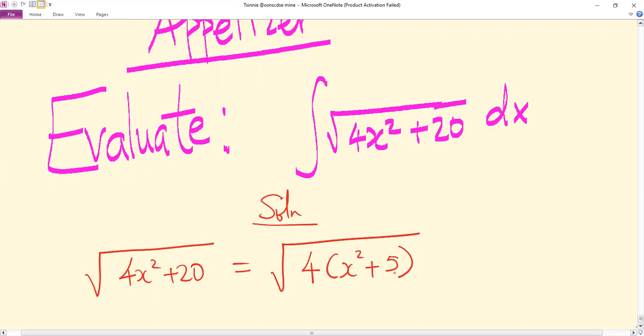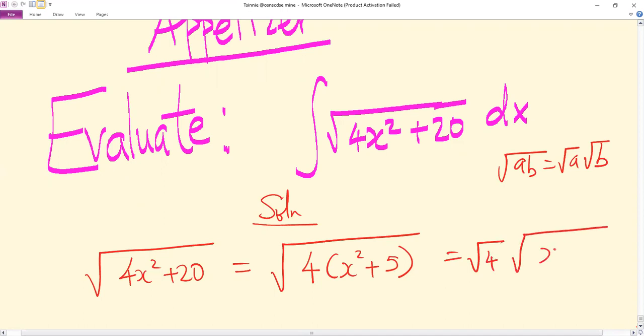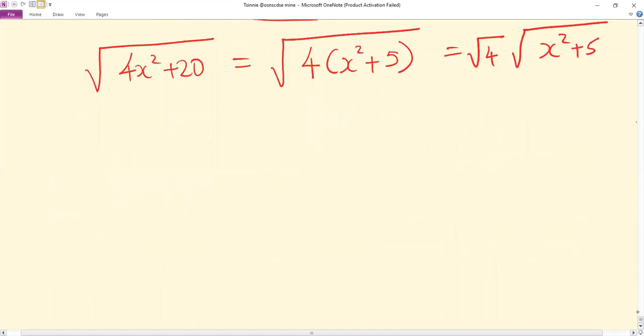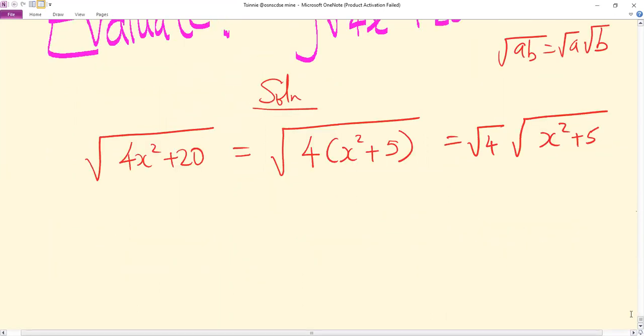And you see, from basic algebra, the square root of AB is the same as root A times root B. So this is the same as root 4 times root of (x squared plus 5). Root 4 is 2.